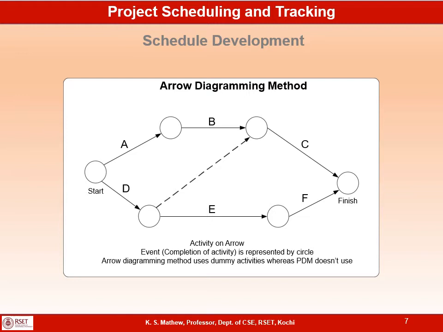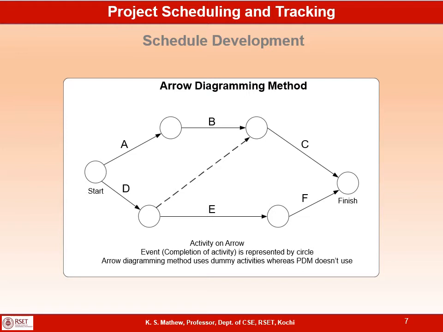which we have seen with 6 activities A, B, C, D, E, F. So here C depends on B and D, as we discussed in the previous diagram, which can be represented using a dotted line like this. In the case of the arrow diagramming method, in order to show the relationship, sometimes we need something called a dummy activity, which is represented using a dotted arrow.